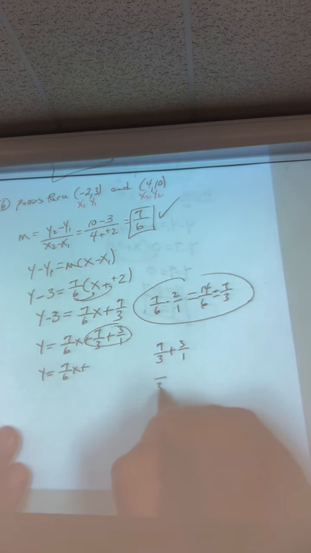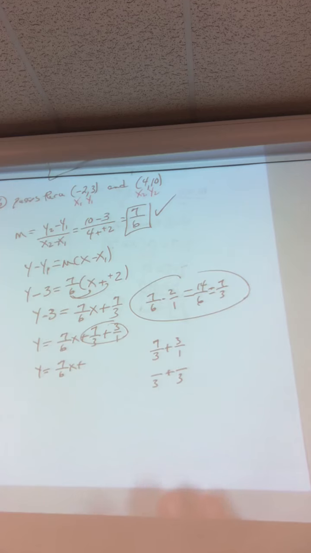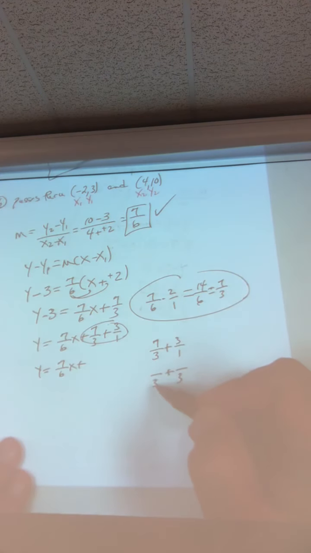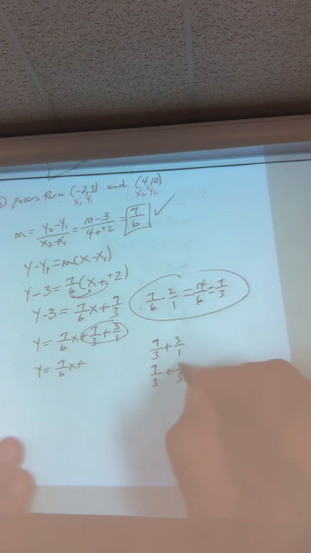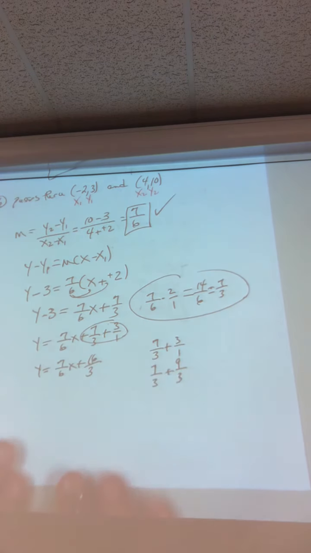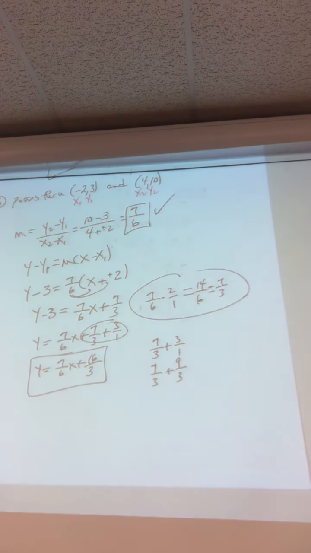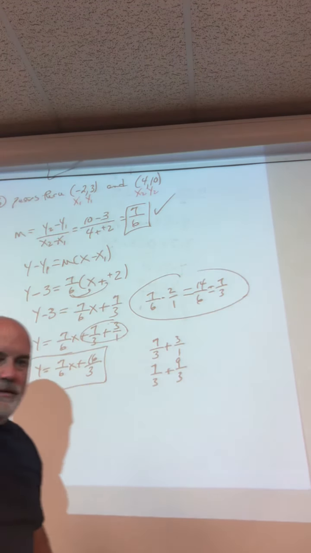Add 2 fractions by getting a common denominator. The common denominator is 3. 3 goes into 3 one time. 1 times 7 is 7. 1 goes into 3 3 times. 3 times 3 is 9. And when you add those together, you get 16 thirds. And so this is the equation of that line.